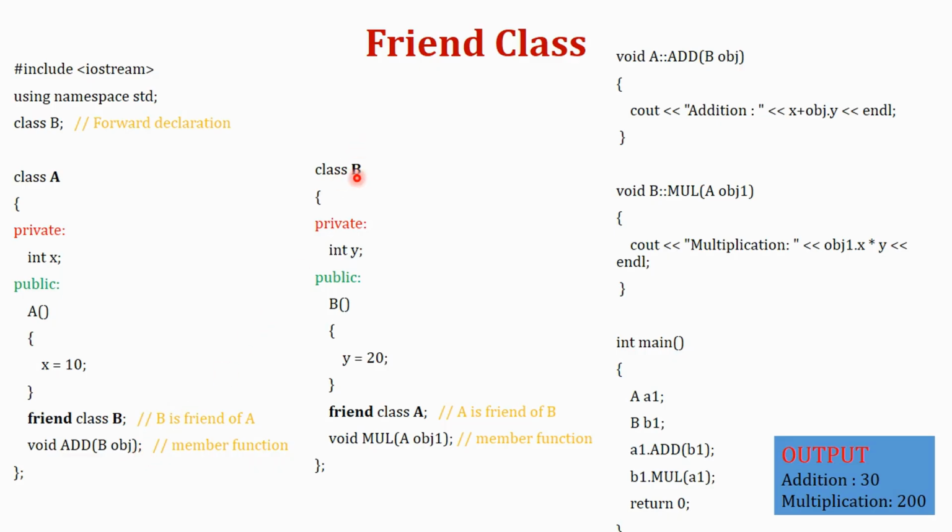Next is one more class B. Again, here we are declaring one variable under private. Here we are creating one constructor, and values are passed to the class variable.